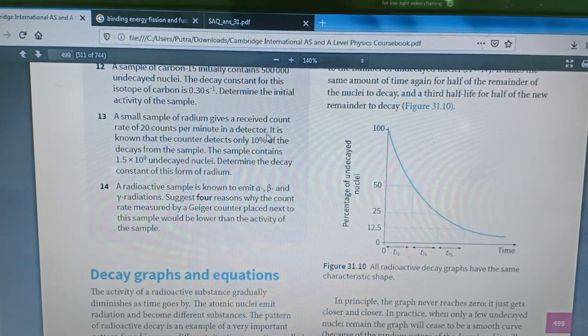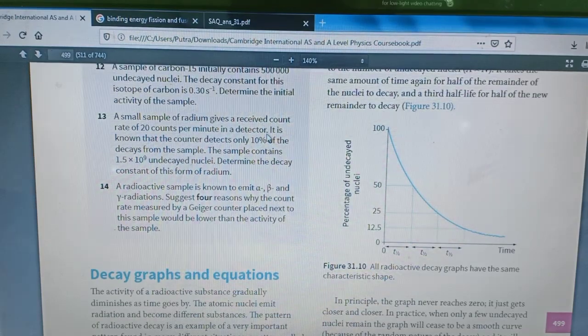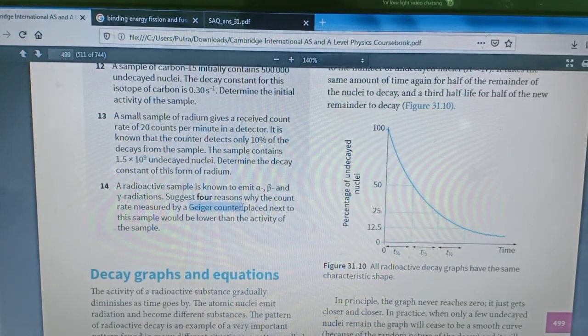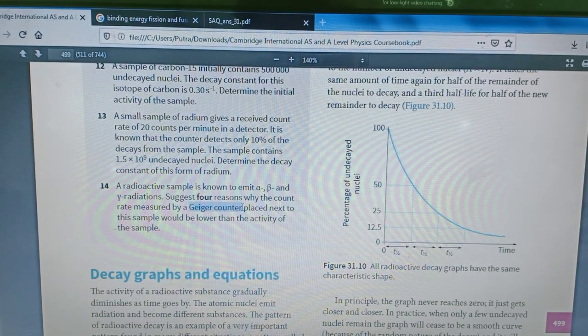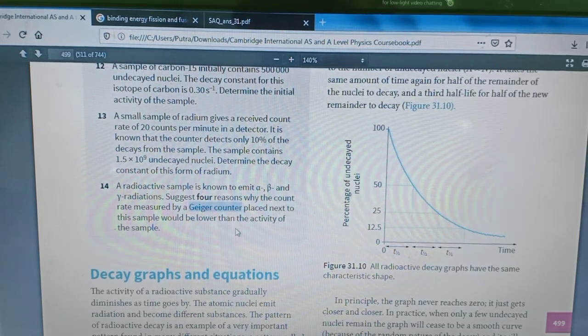The last question is theory. A radioactive sample is known to emit alpha, beta, and gamma radiation. Suggest 4 reasons why the count rate measured by a Geiger counter placed next to this sample would be lower than the activity of the sample.